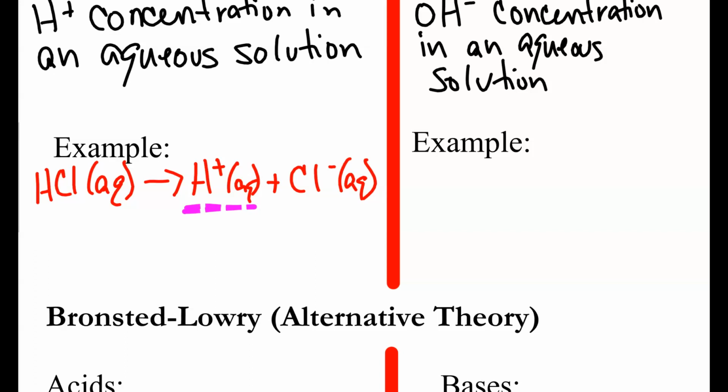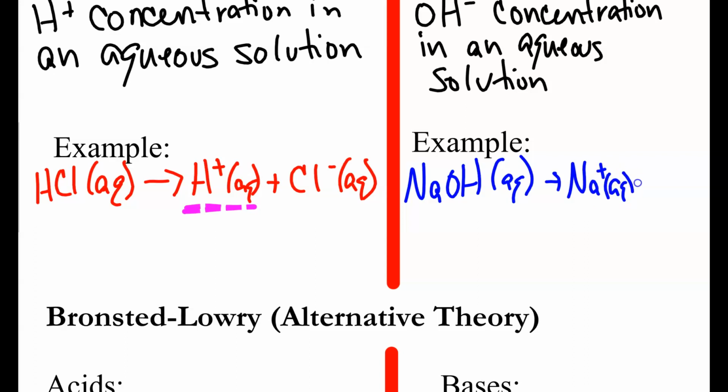So our example for our hydroxide or our basic solution here is going to be sodium hydroxide. All right, and it's also going to be aqueous here. And when sodium hydroxide dissociates, it's going to form a sodium ion and a hydroxide ion.